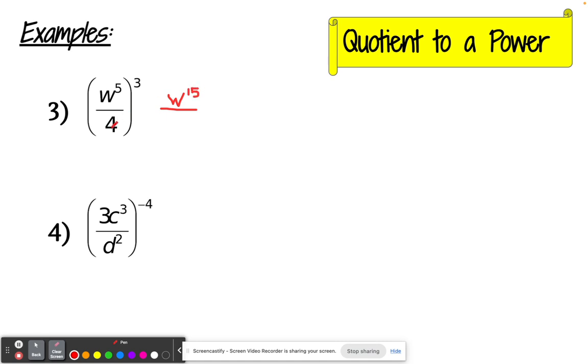Then I have to raise my 4 also to the 3rd power on bottom. I can simplify that: 4 to the 3rd power, 4 times 4 times 4, is 64. And I still have w to the 15th power on top.